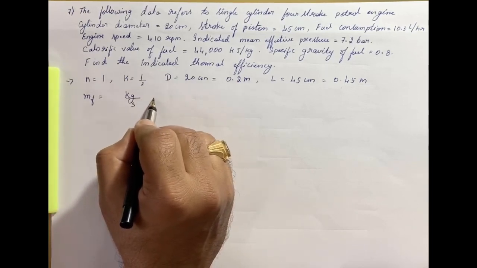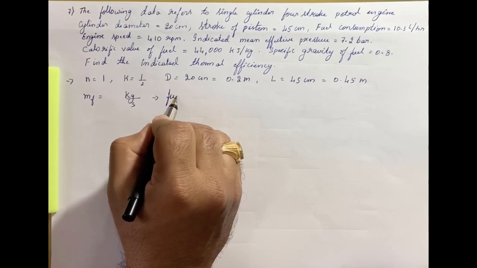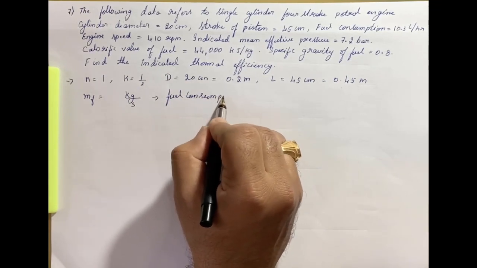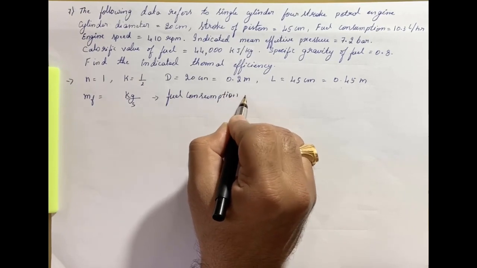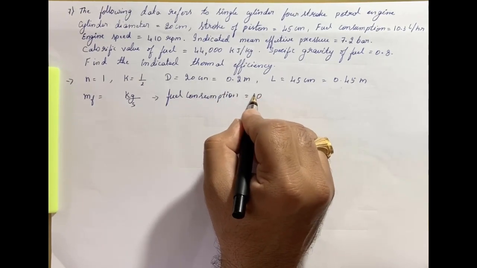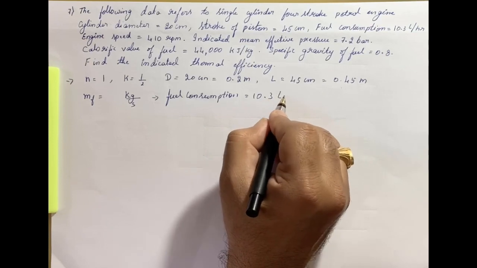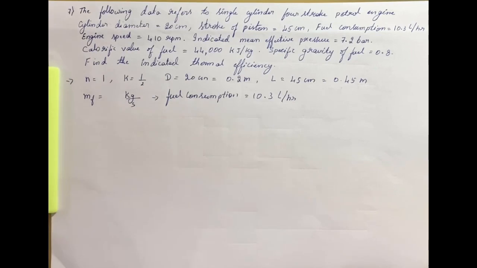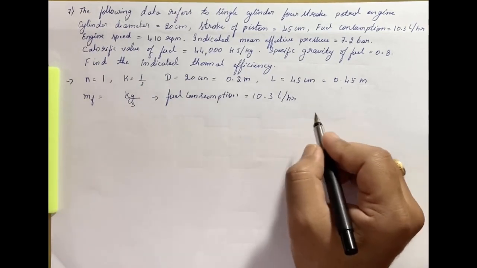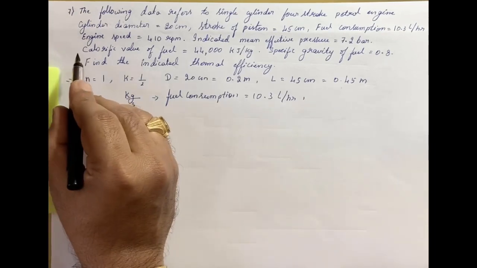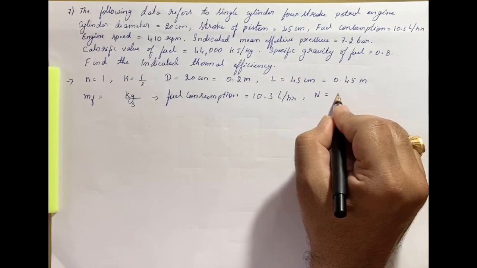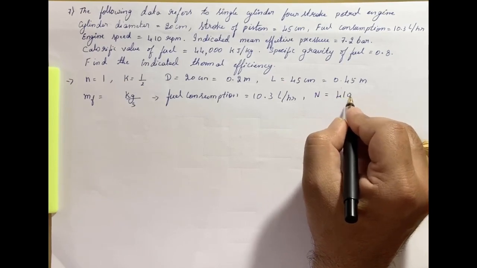But here he has given fuel consumption as 10.3 liters per hour. We have to convert that liters per hour into kg per second. How to convert? We'll see further. Then what is given? Engine speed N is equal to 410 RPM.